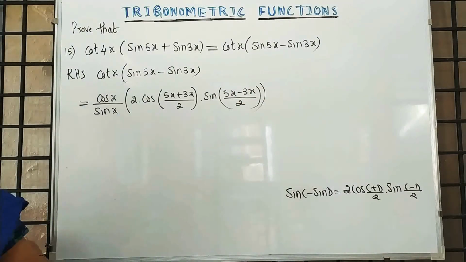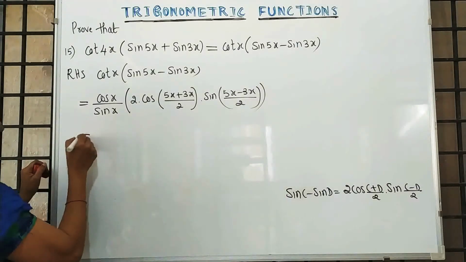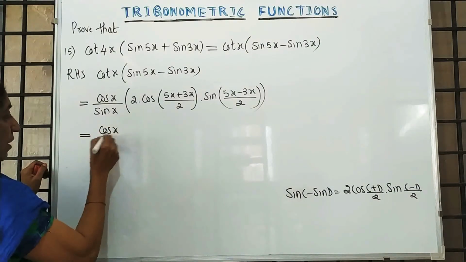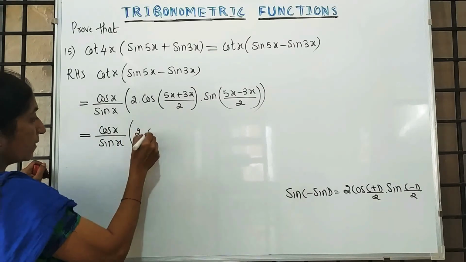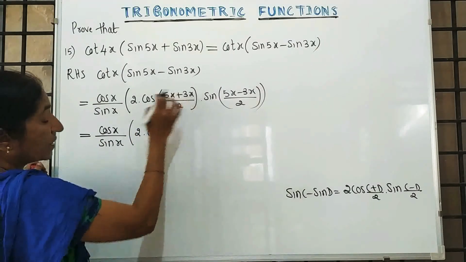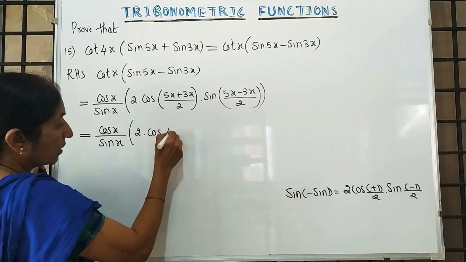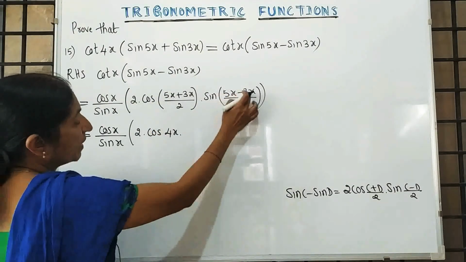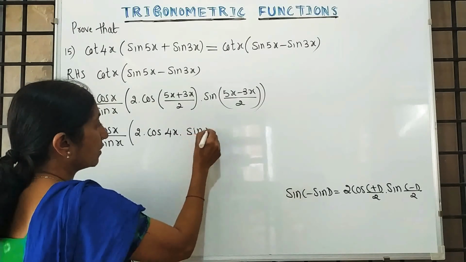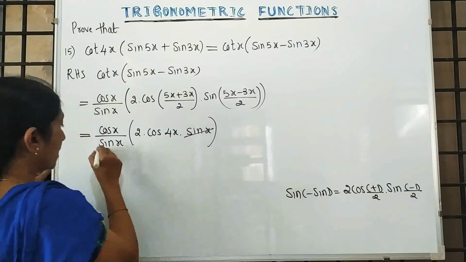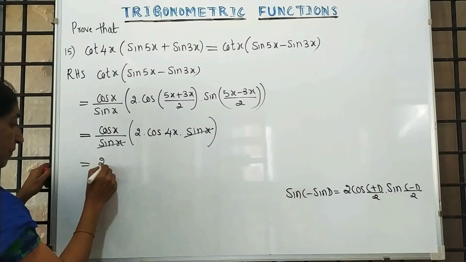So here cos x upon sin x as it is, in the bracket 2 cos, 5 plus 3 is 8, 8 divided by 2 is 4, and 5 minus 3 is 2, 2 divided by 2 is 1, that is sin x. This sin x and sin x get cancelled.